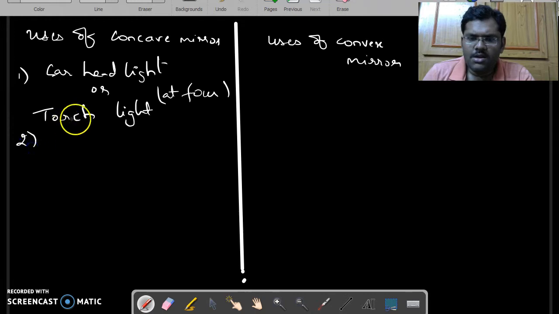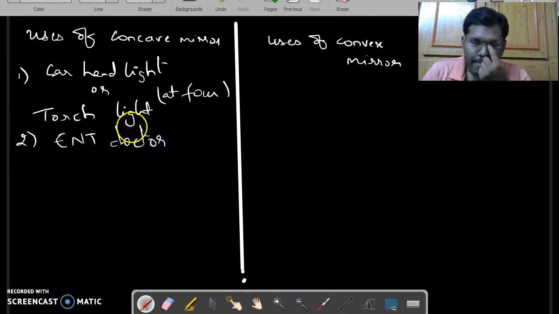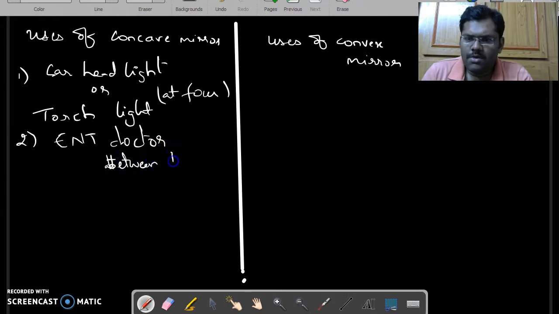And second, these concave mirrors are used by ENT specialists, the ENT doctors. Whenever you have any problem with your teeth, they use the concave mirror. In this case they use the position between P and F. Why?